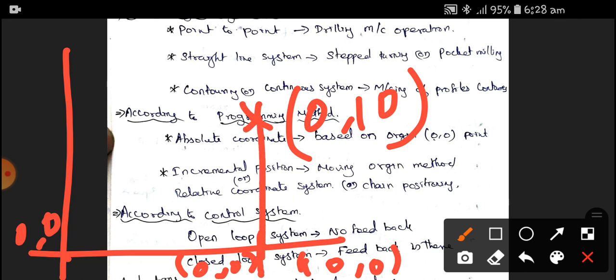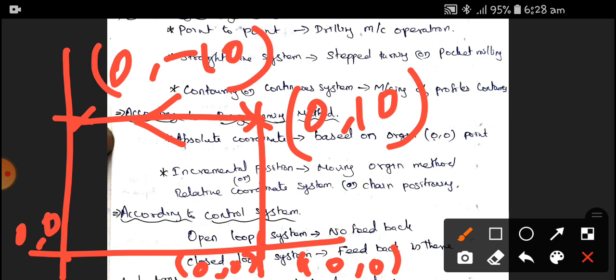So the tool path comes like this. If I want to move in this direction, I have to give this point as 0 comma minus 10, and then only this origin will come here. Like this the incremental points are given. This is called incremental positioning, or relative coordinate system, or chain positioning method. I hope you have understood.